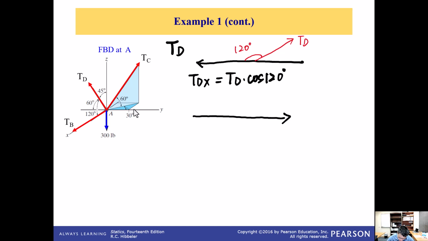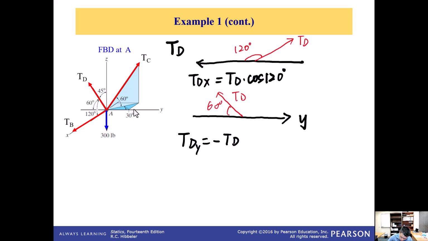the y-axis, we can see here the TD, the angle is 60. So the 60 is the angle between the vector TD and the negative direction of y. That's why we need to put a negative sign, which is negative TD times cosine 60.